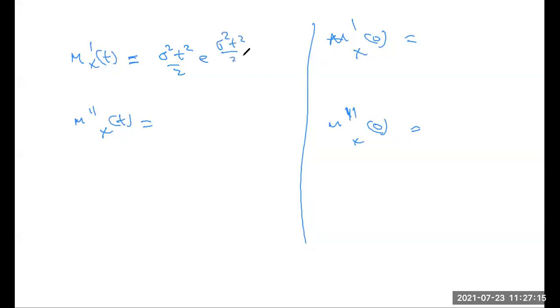Then plus mu. That's what my group got. Okay, thank you. So the second derivative, or any other group, anybody with a different solution apart from this?